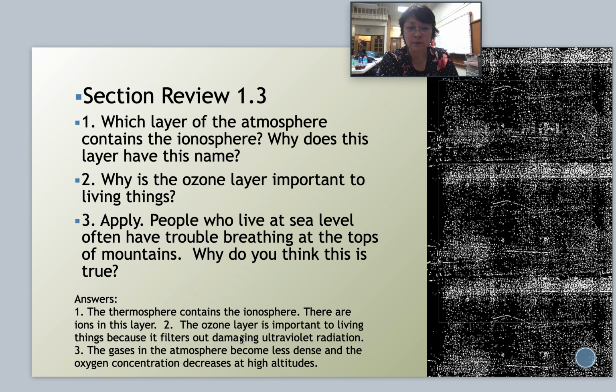And within the reading, we should have come up with that the gases in the atmosphere become less dense and the oxygen concentration decreases at high altitudes. So again, we have our section review questions and the answers, and it's important for everyone to have the correct answers or similar answers.